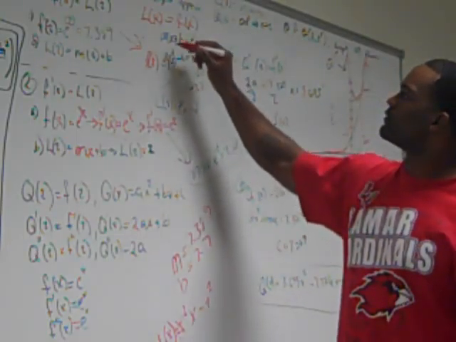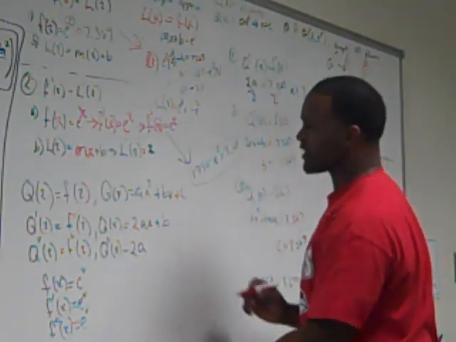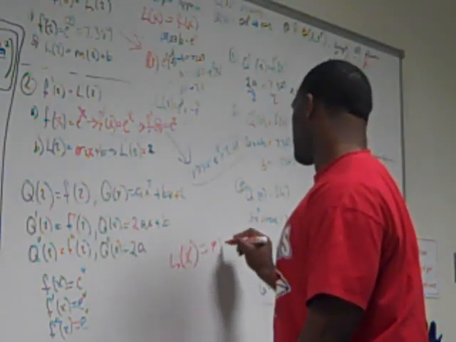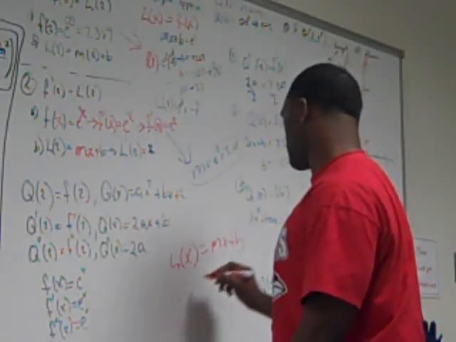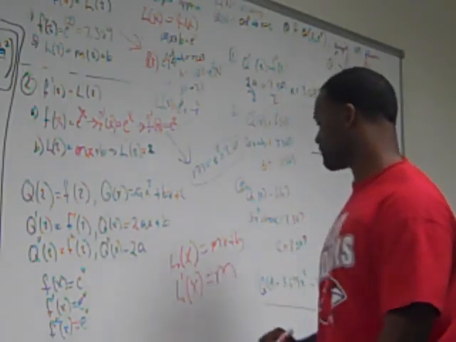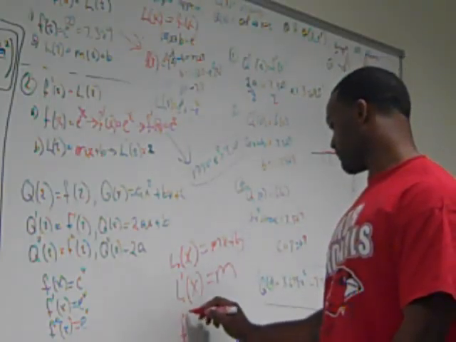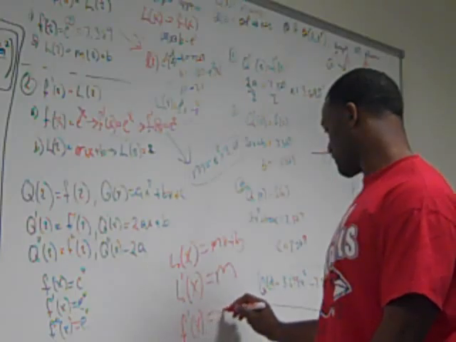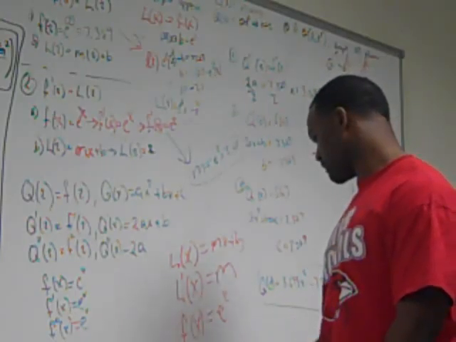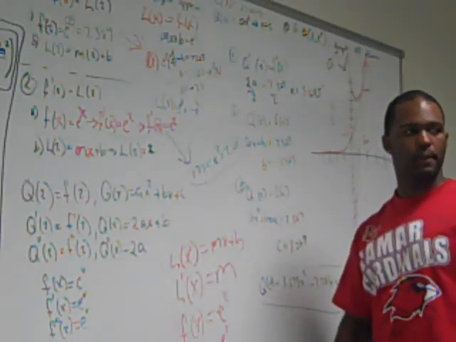Once you take the derivative of L of x, which is equal to mx plus b, L prime of x is equal to m. For f of x, which is equal to e to the x, f prime of x is still just e to the x, right?